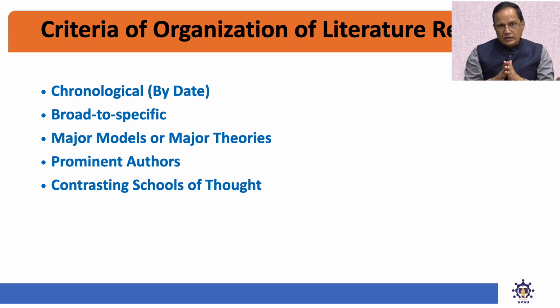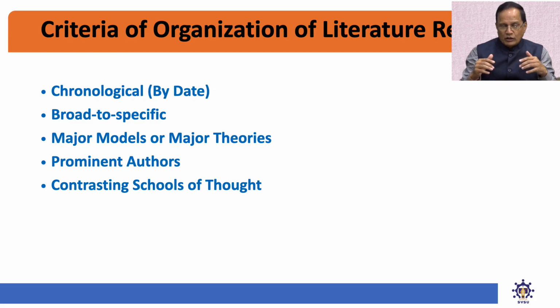Then another criterion is broader to the specific. We can take the broader aspects first and then we can go to the specific. This can also be the criterion for compiling the topic or a particular part of the literature review. The third one is major models to minor theories.